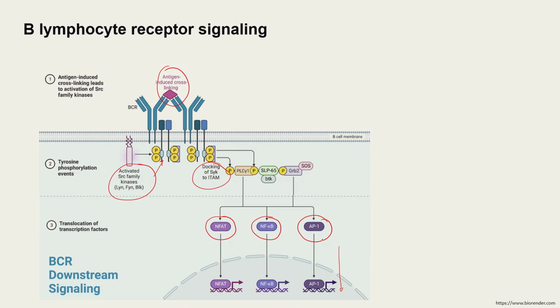So these proteins get activated upon this cascade and move inside the nucleus, and once they are inside the nucleus they can bind to specific DNA and start transcription of genes, which could lead to production of different kinds of cytokines or other molecules which help the B cell to do its function.